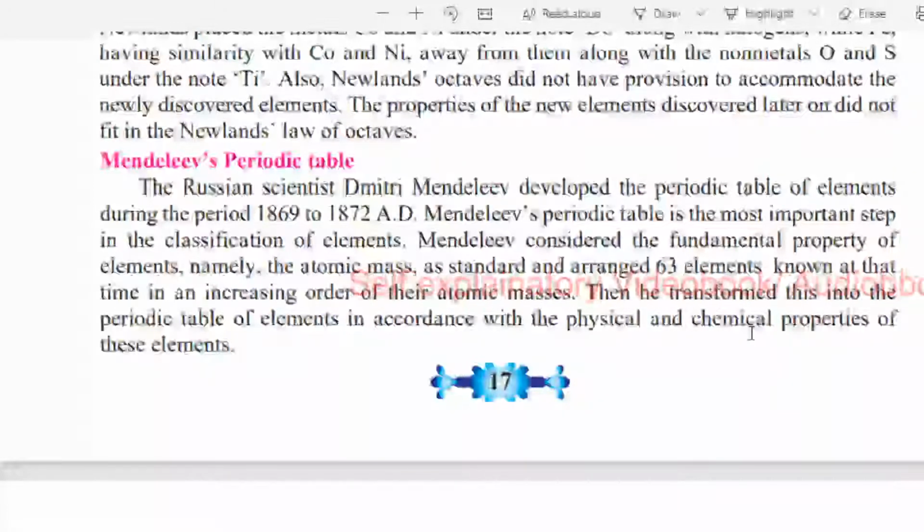Mendeleev considered the fundamental property of elements, namely the atomic mass, as the standard and arranged the 63 elements known at that time in increasing order of their atomic masses. Then he transferred these into the periodic table of elements in accordance with the physical and chemical properties of these elements.